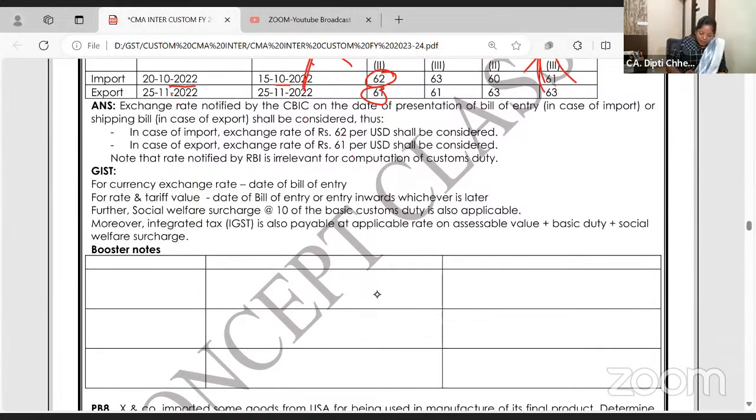Gist: for currency exchange rate, the date of bill of entry or the shipping bill.